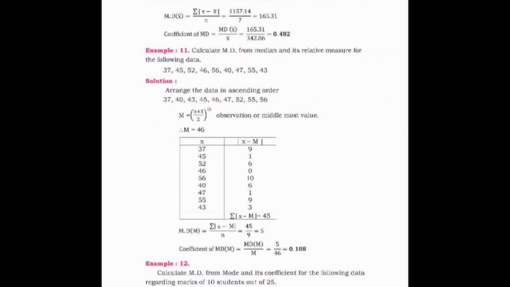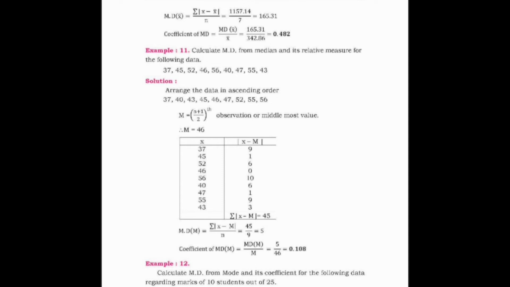Okay. In example 11, calculate the mean deviation from median and its relative measure for the following data. Here the values are given. When the raw data is given, you have to arrange it in ascending order in the solution part.